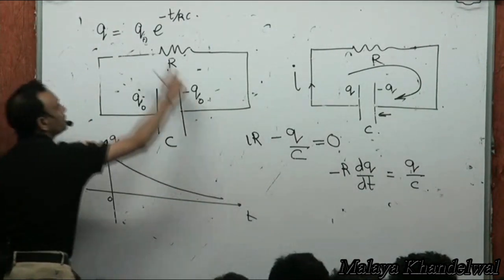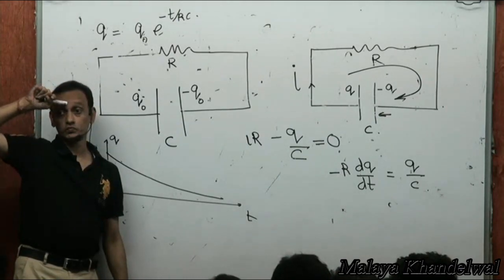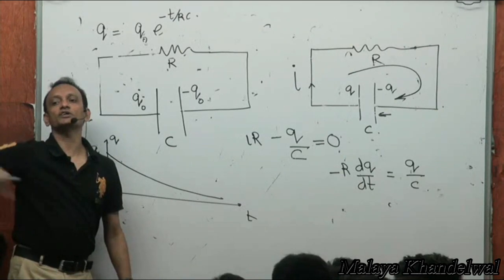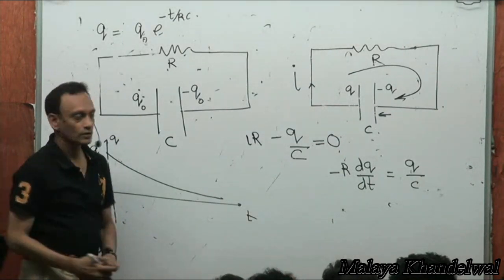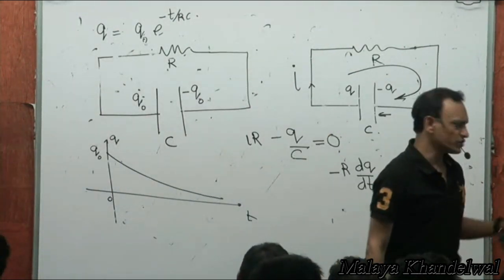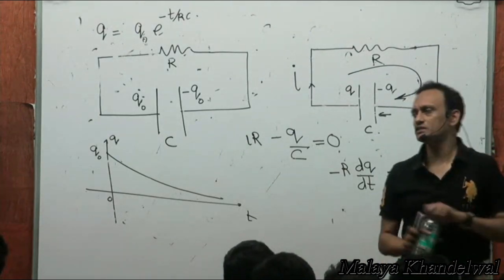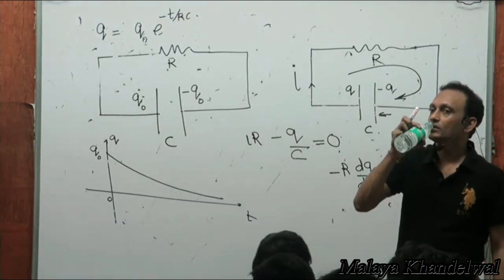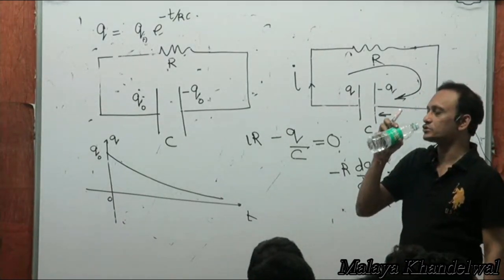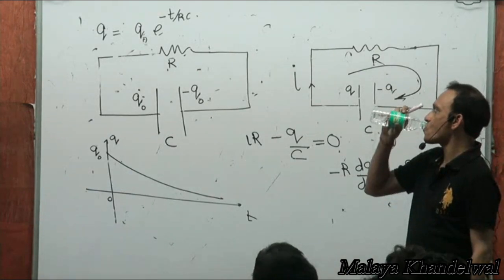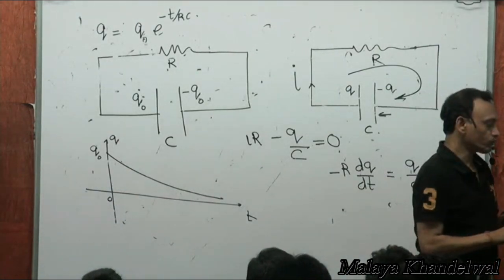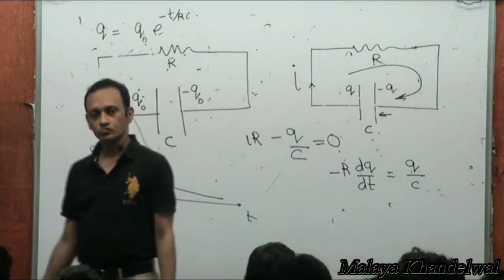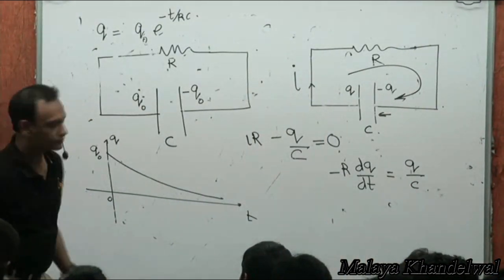At t equal to infinity, q will become 0. Right? That's the discharging characteristics of a capacitor. There are a few nitty-gritties involved here, which I will not discuss right now because I need to tell you Thevenin's theorem and a few other things that will come in our digressions on electrical circuits. Is that fine?